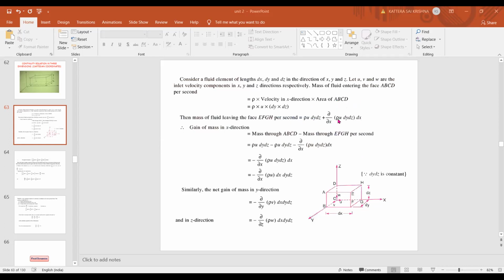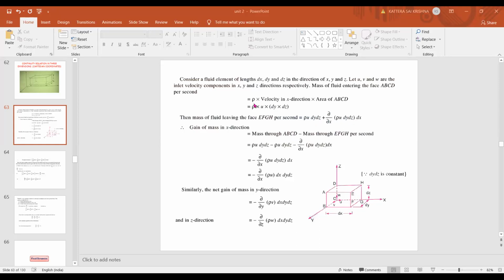Now after that, we are going to find the gain in mass in x direction. How much is gained? The gain of mass in x direction is equal to the mass through ABCD, how much we are getting at the inlet, minus how much is coming out, the mass through EFGH per second. So we get the first term rho u into dy dz, minus rho u dy dz plus dou by dou x of rho u dy dz dx.